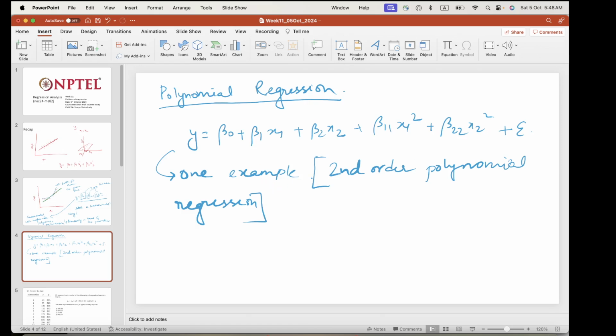This is one example of a second order polynomial regression in two variables, x1 and x2. We could also have something like beta 12 x1 x2. That would also encompass a polynomial regression.